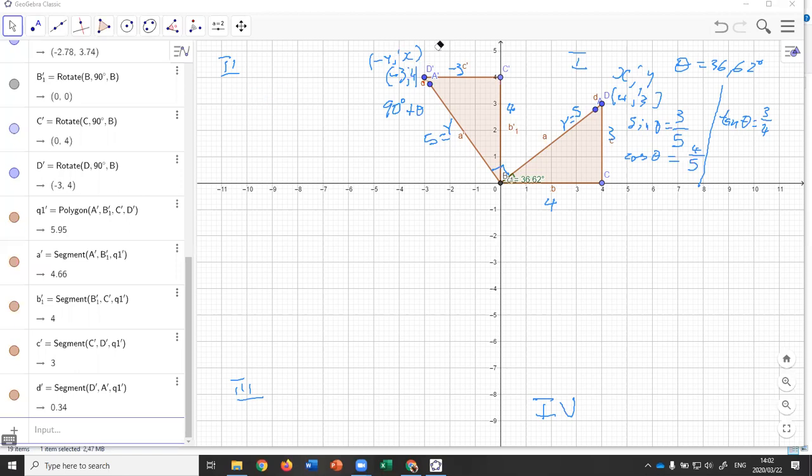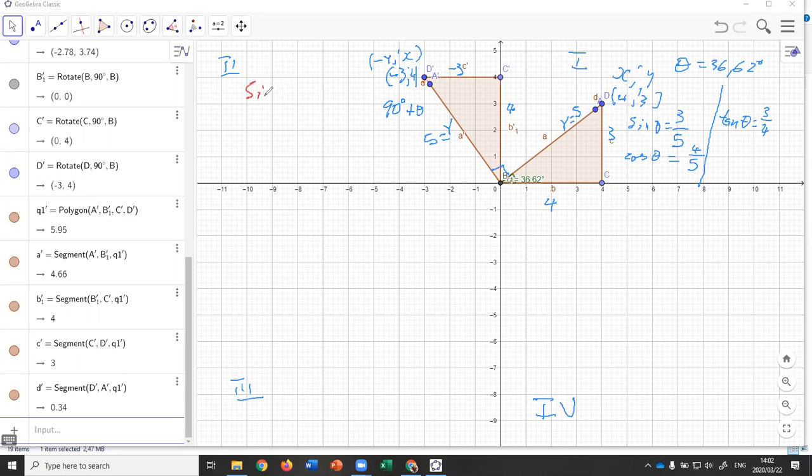So let me just erase a little bit here. So let us see what we have for sine of 90 plus theta. And you will remember very much that this is just a matter of co-functions.